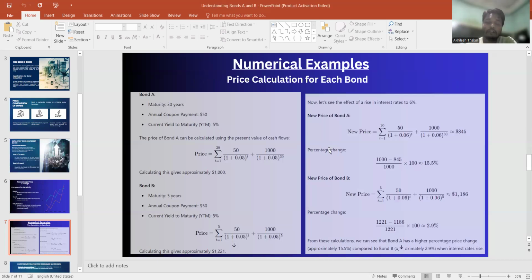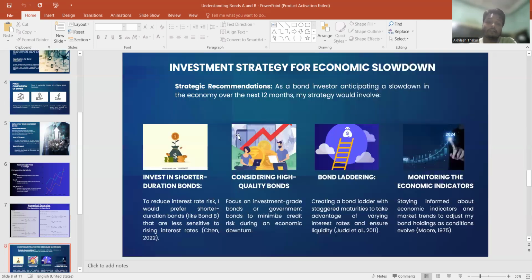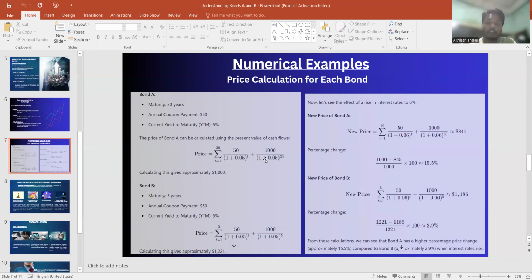So this is the numerical example, price calculation for each bond. We can see bond A's maturity is 30 years, annual coupon payment is $50, and current yield to maturity is 5%. By using the formula for present value of cash flows, this gives approximately $1,000. Similarly, bond B gives approximately $1,221.